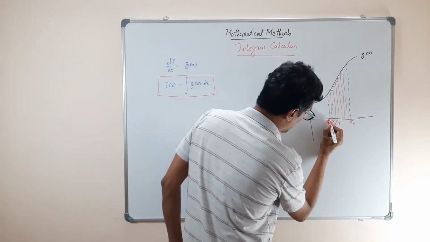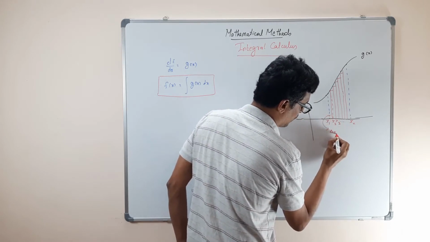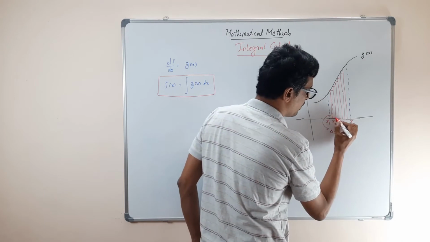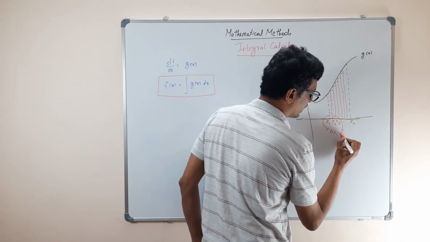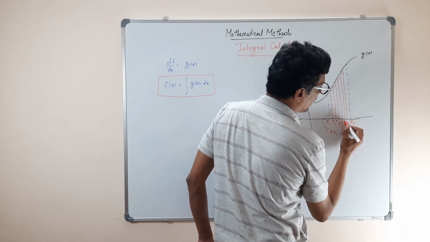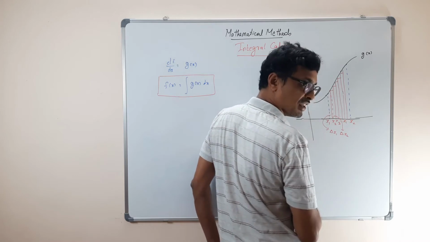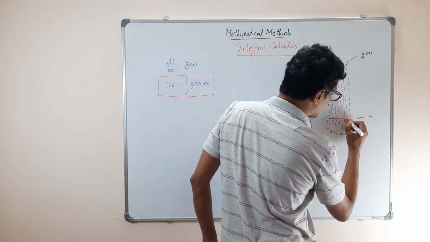So this first difference, x2 minus x1, I will call delta x1. x3 minus x2, I will call delta x2. I go on like this, so some xi.